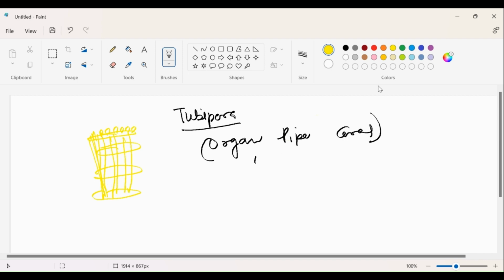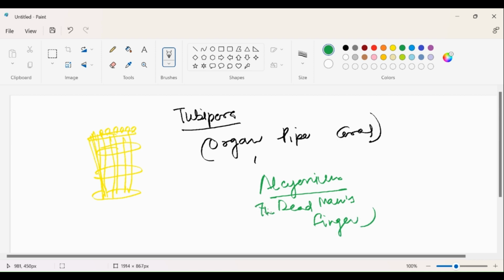Then another example is Alcyonium. The common name for this is dead man's finger. Alcyonium looks like this.